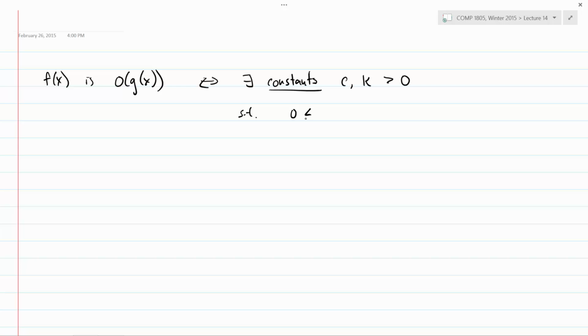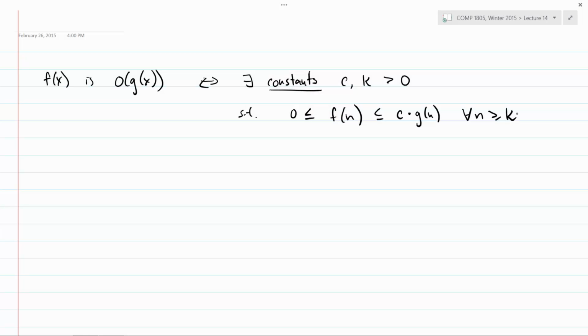So to refresh your memory, we say that f of x is big O of g of x. That's the same thing as saying that there exist constants c and k that are both bigger than 0. And it's important that they're constants such that 0 is less than or equal to f of n is less than or equal to c times g of n for all n bigger than or equal to k.